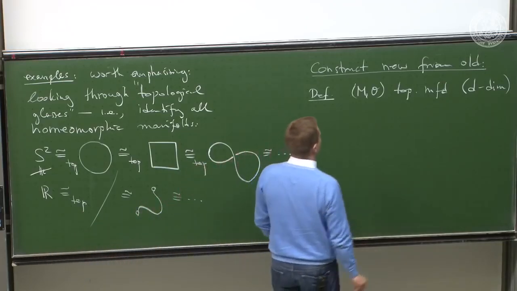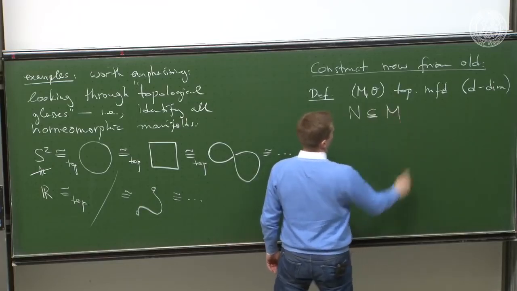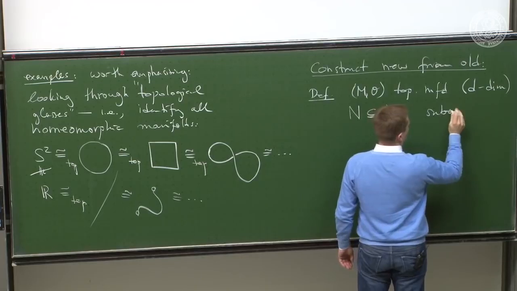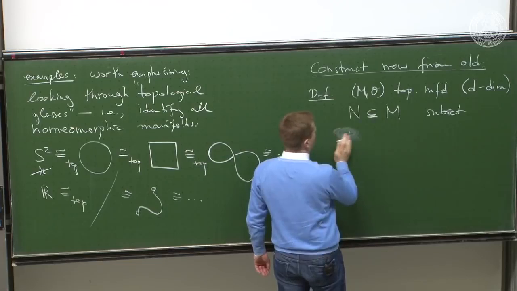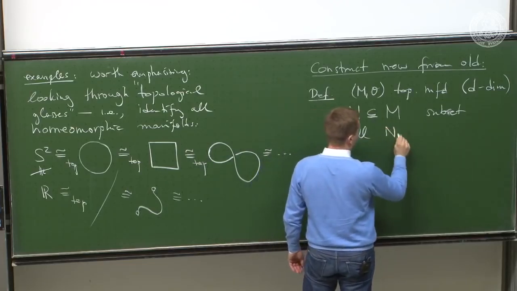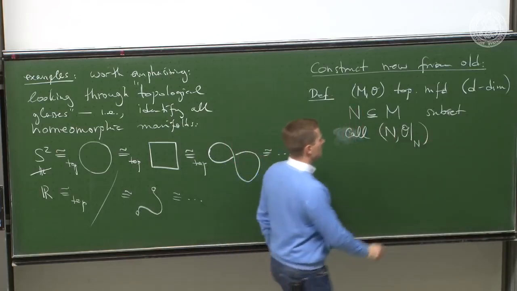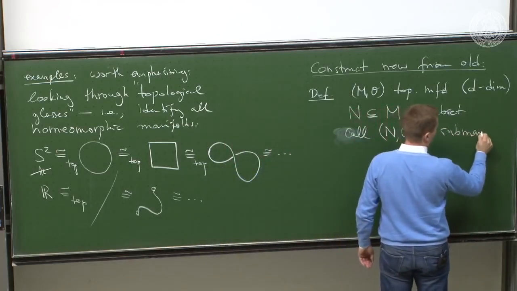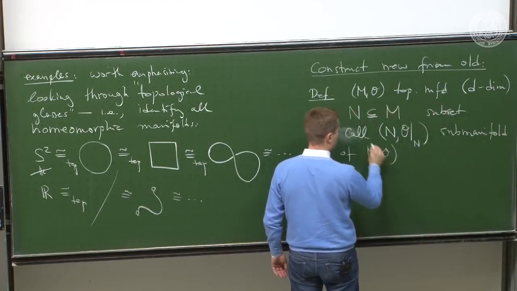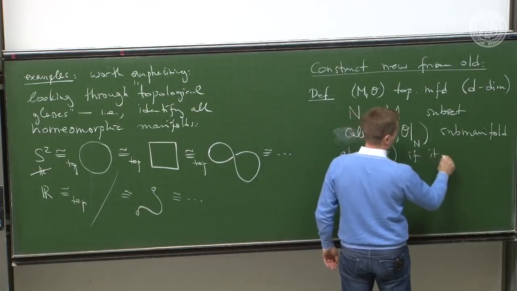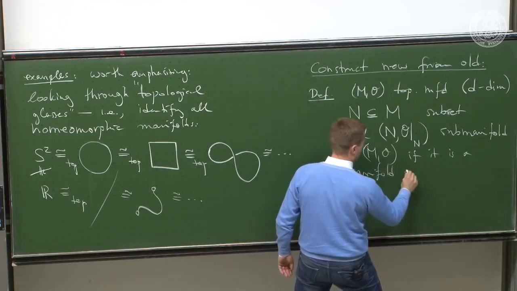So if you have a topological manifold M and N, a subset of M, we call N with the induced topology on it a submanifold of M if it is a manifold in its own right.